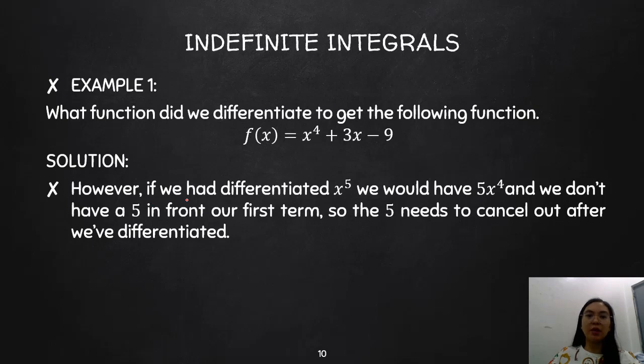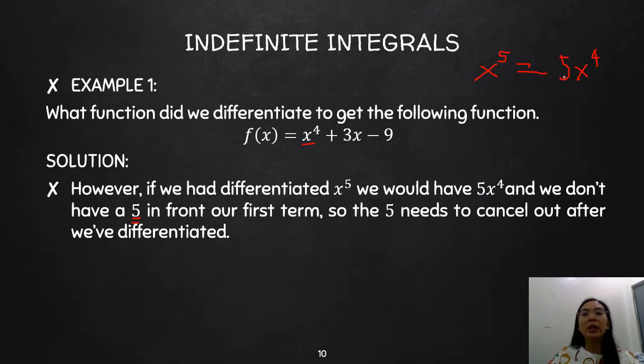However, if we differentiate x raised to 5, we would have 5x raised to 4. And we do not have 5 in the front of our first term. So the 5 needs to cancel out after we differentiate it. Di ba pag kinuha po natin yung derivative ng x raised to 5, dapat 5x raised to 4. Eh kung i-compare mo siya dito, di ba wala siyang 5?